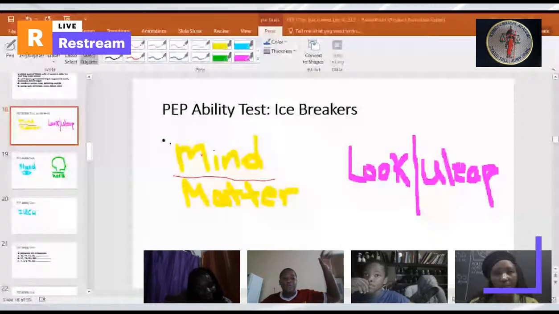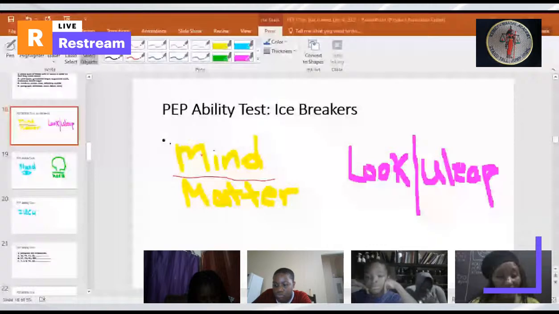Okay, so matter would be material things or things that can happen to you, and mind would be how you approach the thing, how you think about the thing. So when we say mind over matter, we're really saying you can use your mind to overcome any situation you find yourself in. Don't allow the situation itself to get the better of you. You get the better of it. That's what I mean by mind over matter.